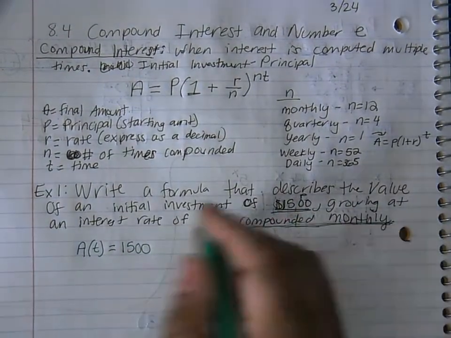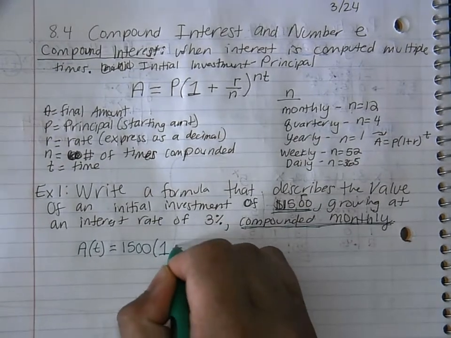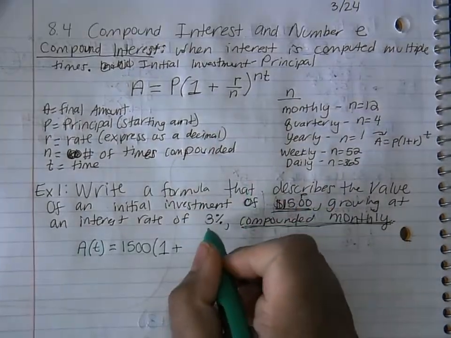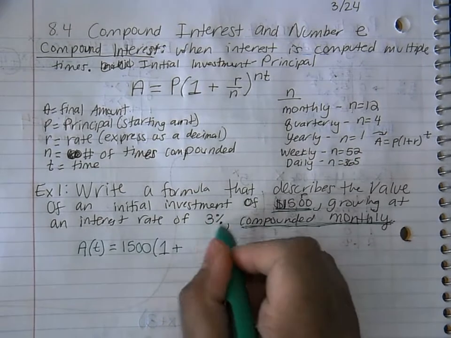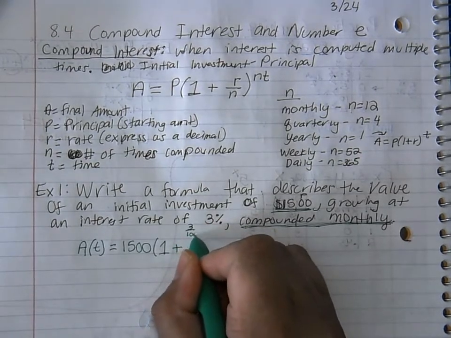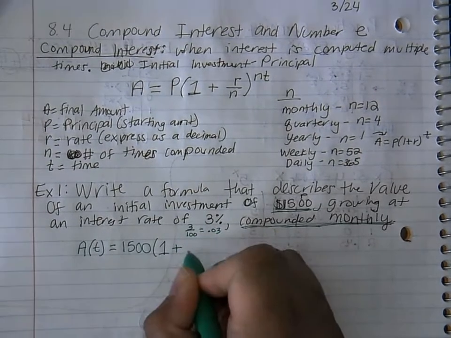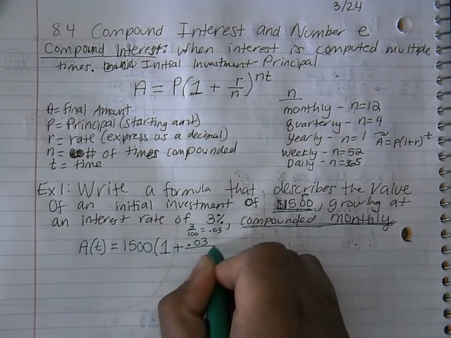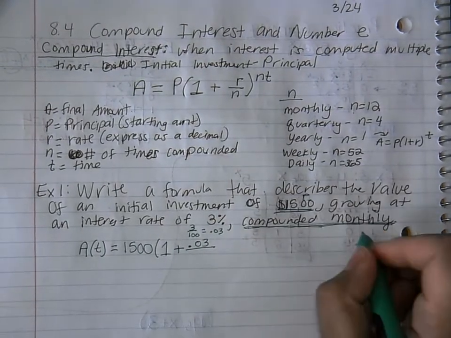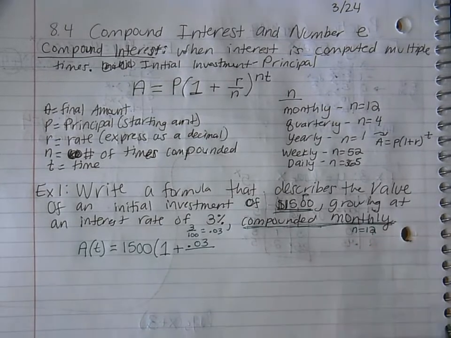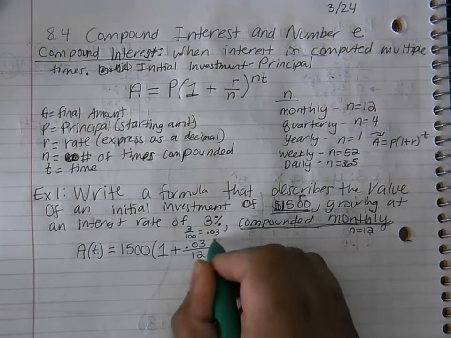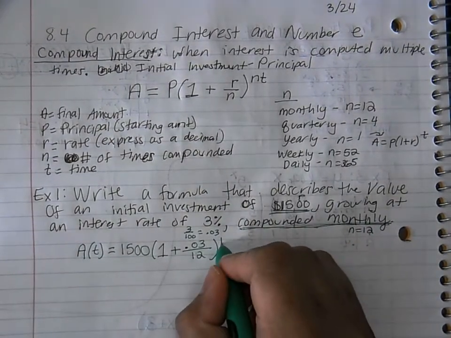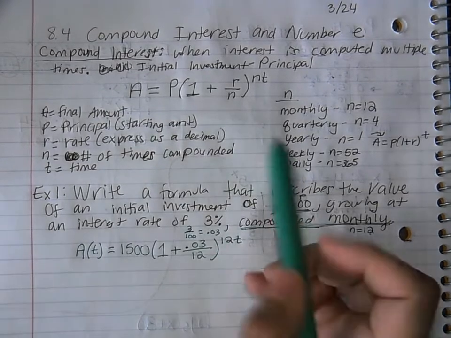Then we have 1 plus, and then the rate. We do not write 3 for the rate. You have to take this 3% and divide it by 100. So that would be 0.03. So 0.03 divided by n, which is monthly. So 12 is n. And then we would raise it to the 12t, because again, it's nt.